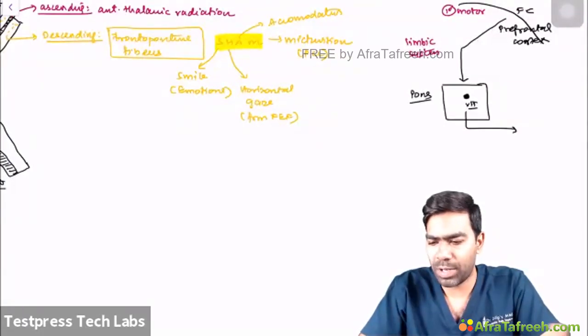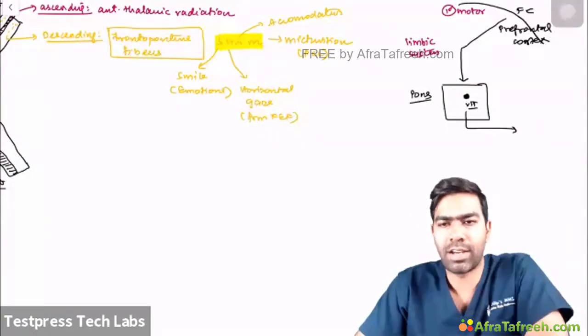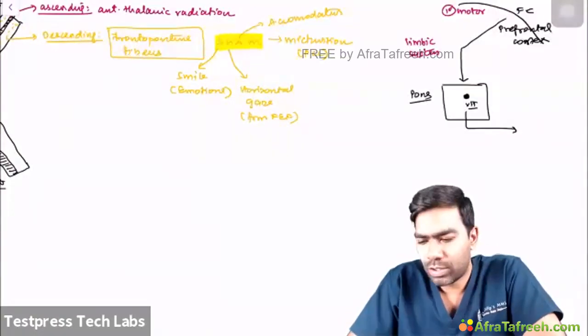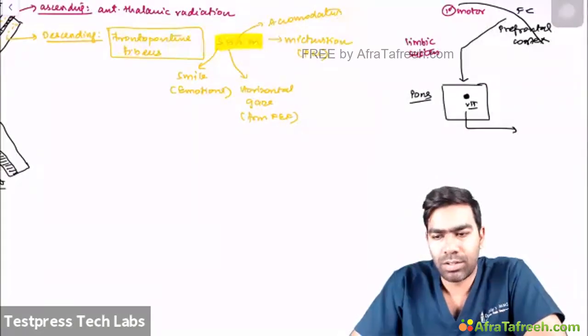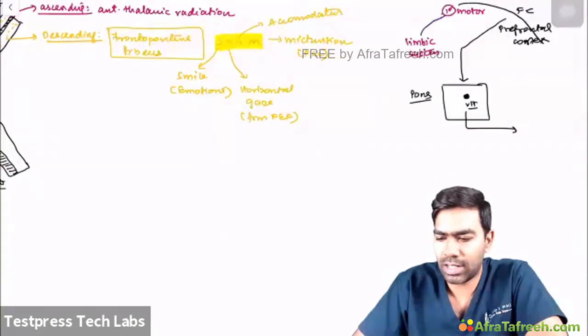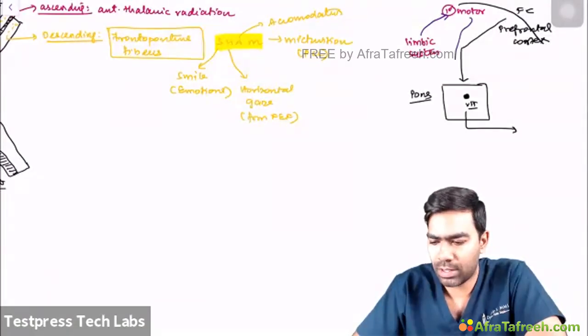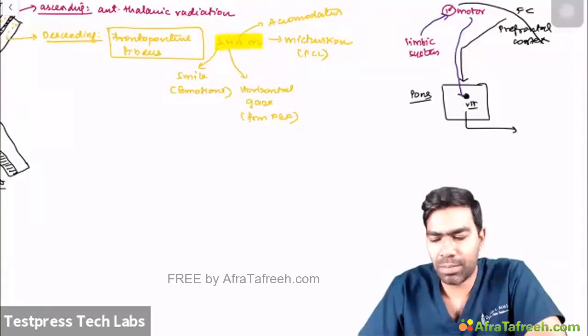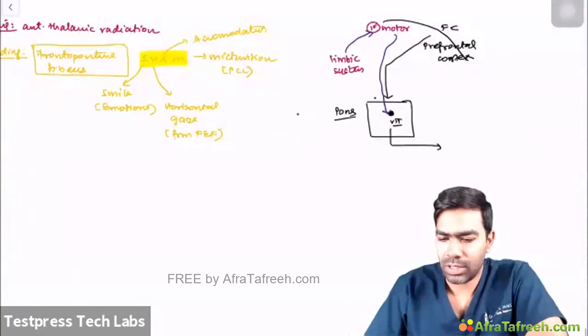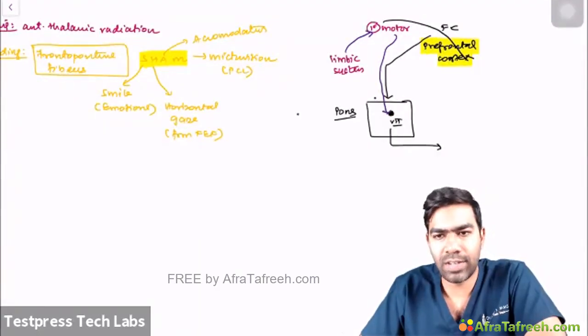So the primary motor cortex is there, the limbic system is there. Let us understand it in a way where maybe your HOD is scolding you. Your limbic system is telling the primary motor cortex to cry and to stimulate the facial nerve to activate the muscles of crying probably. But at the same time, your prefrontal cortex understands that crying is very inappropriate at this point.